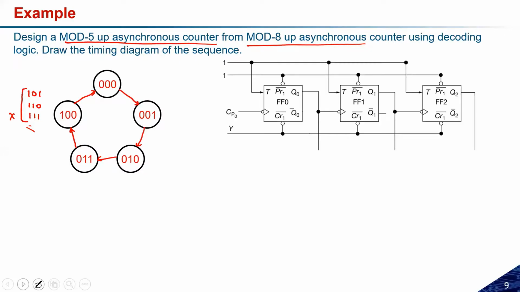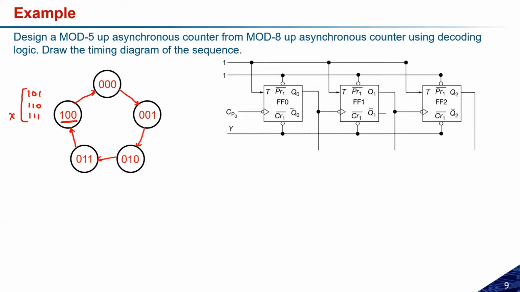Now let us try to see. This is the diagram we saw in the previous slide, and it is simply a mod 8 counter. The output of the first stage is connected to the clock of the second one, the output of the second is connected to the clock of the third one, and so on. Now the total valid states go up to 100.